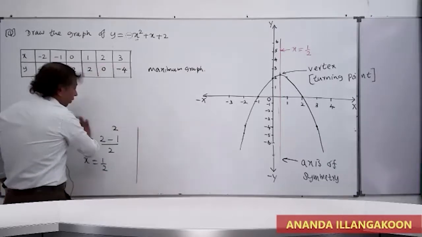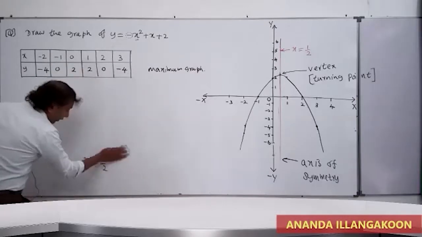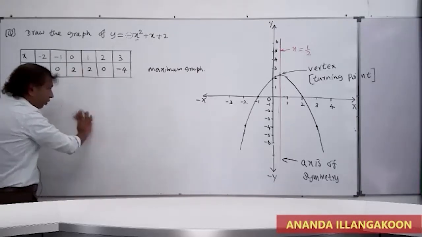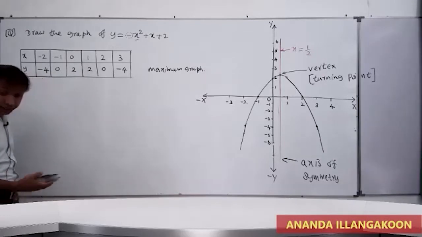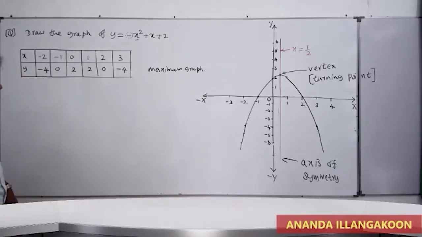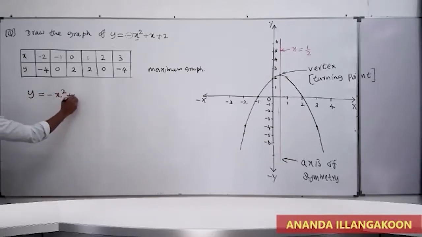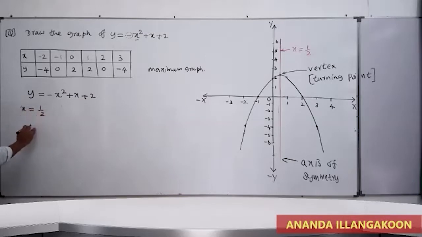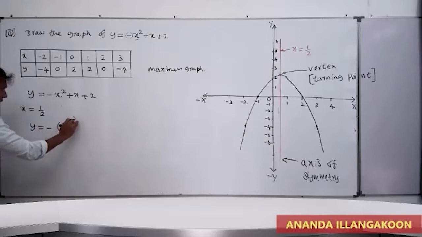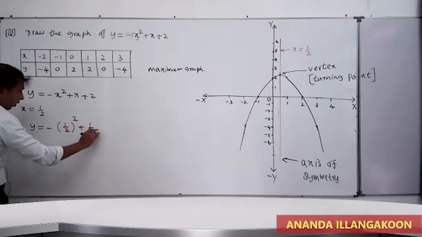Write down. The y coordinate at the vertex. How to find that, people? y equals minus x squared plus x plus 2. We put x equals half in it. y equals minus half to the power 2 plus half plus 2.